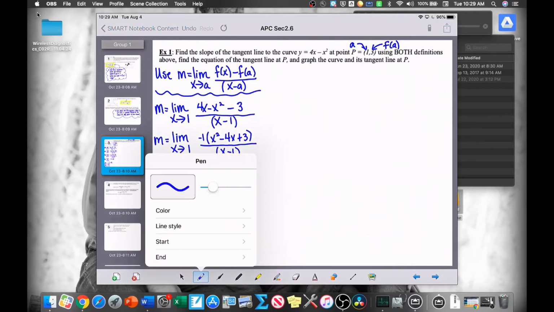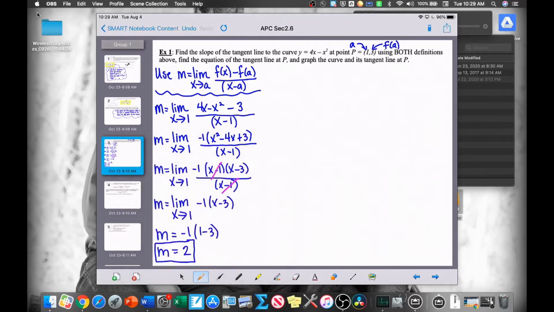The next thing we're going to do is find the slope using the secant equation. So this time we're going to use m is equal to the limit as h approaches 0 of f of a plus h minus f of a all over h. This one is always more work, just so you know.